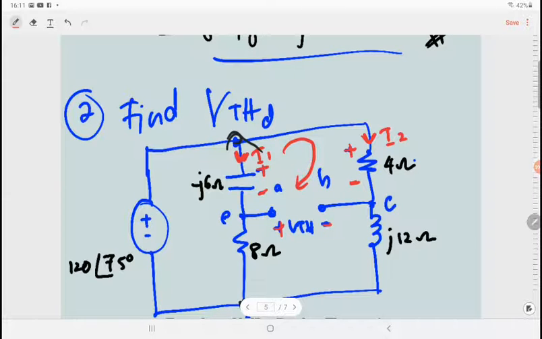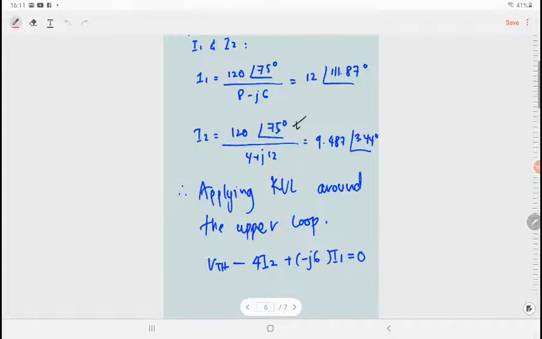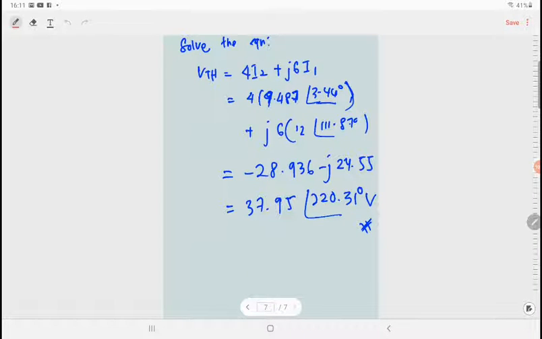So we write a KVL around this upper loop, and you get VTH minus 4I2 plus negative j6 times I1 equal to 0. Elaborating this equation, you get VTH equal to 4I2 plus j6I1. So plug in all the values of I1 and I2 that we already calculated.